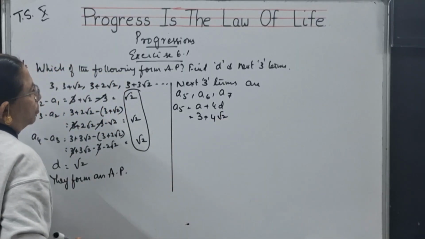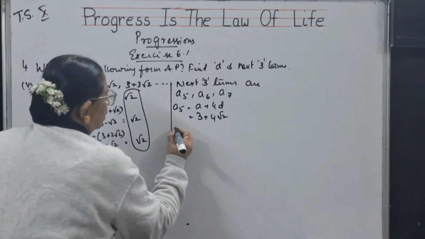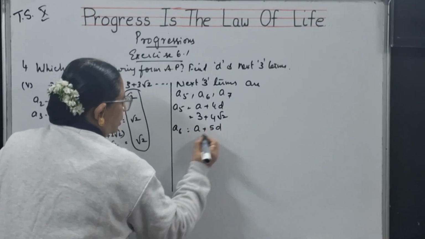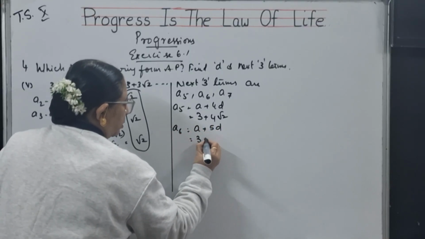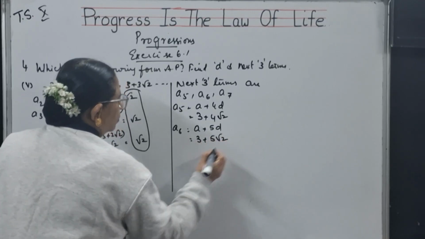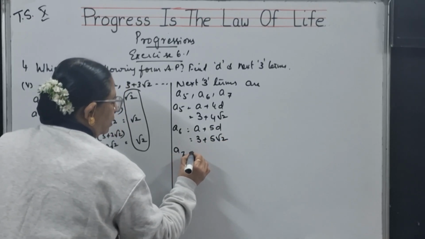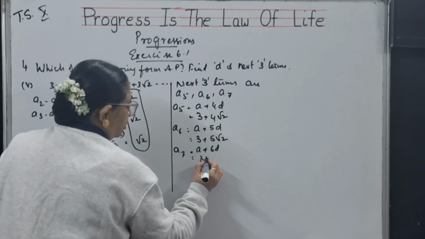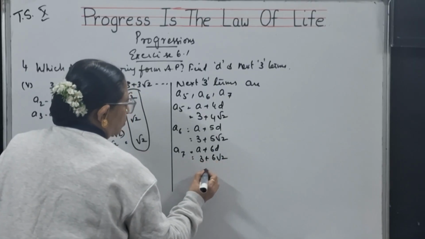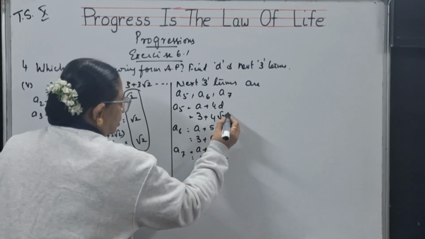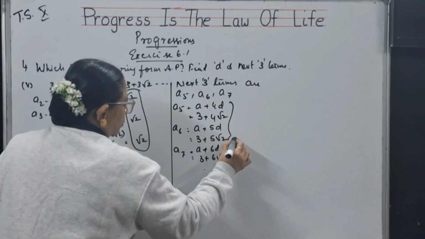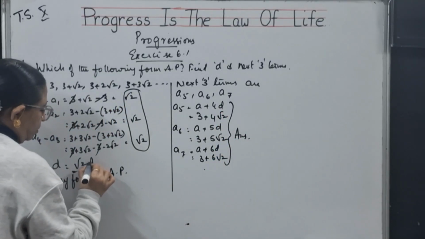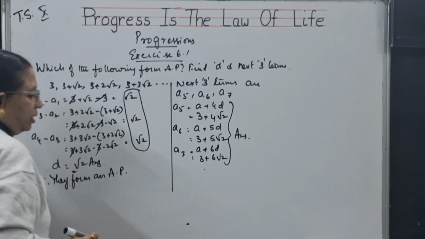So 3 plus 4 root 2 is A5 and A6 is A plus 5D, that is 3 plus 5 root 2, and A7 is A plus 6D, that is 3 plus 6 root 2. So these are the answers, children. This is one answer because D also is asking.